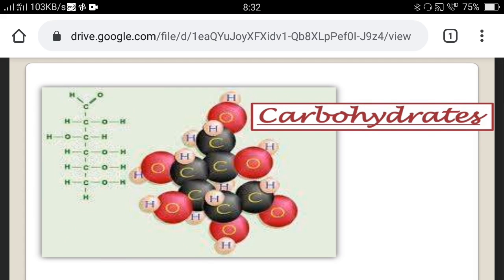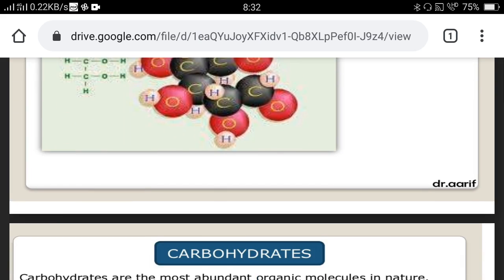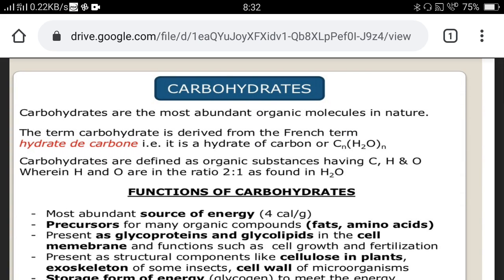Carbohydrate, the first macromolecule, that is the compound of carbon, hydrogen, and oxygen. Carbohydrates, that is hydrates of carbon, means the ratio of carbon, hydrogen, oxygen is 1:2:1, CH2O. Carbohydrates are the most abundant organic molecules in nature.